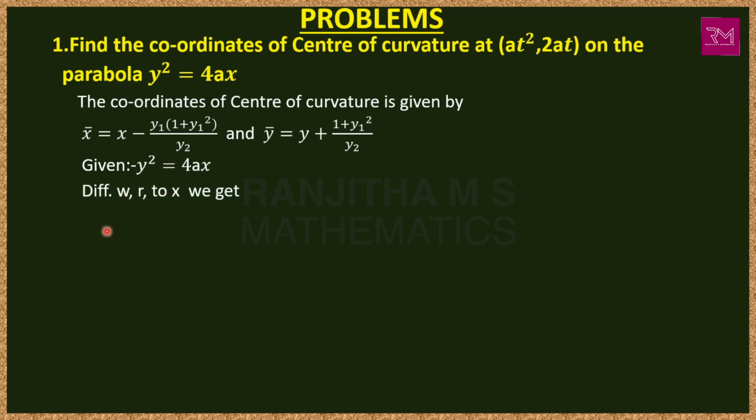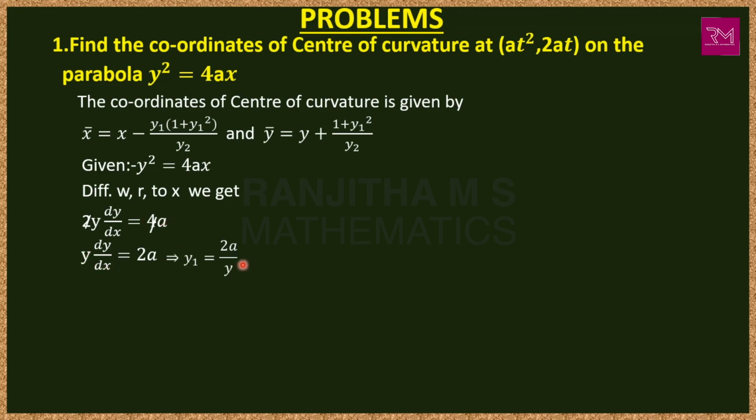Differentiating y square with respect to x, we get 2y into dy by dx equals 4a, since 4a is constant, into the derivative of x, which is 1. Here 2 gets cancelled, hence we obtain y into dy by dx equals 2a. Writing y1 in place of dy by dx, y1 equals 2a divided by y.